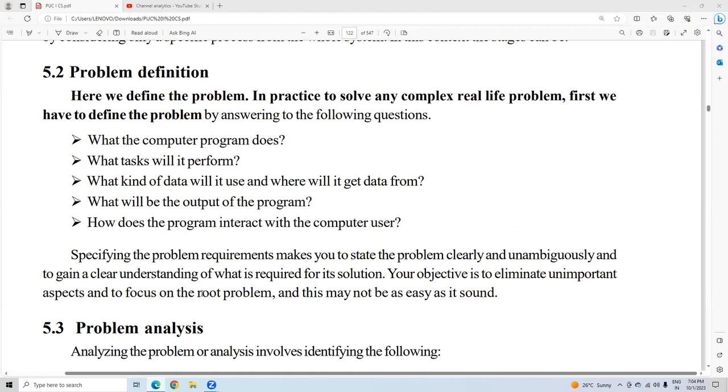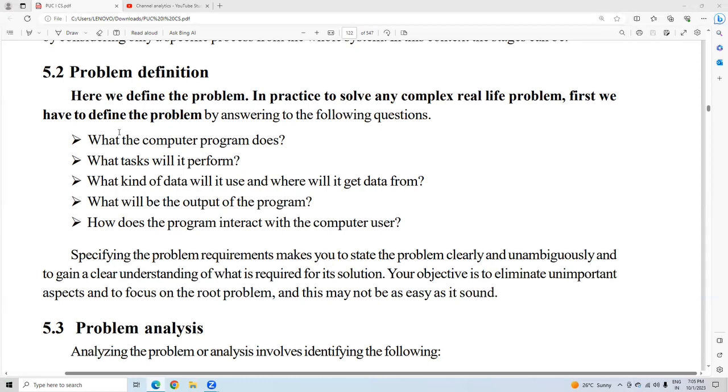How does the program interact with the computer user? These are all questions you need to answer, so that for any problem, if you get the answer for all these questions, that means you know what exactly the problem to be solved is. Right.